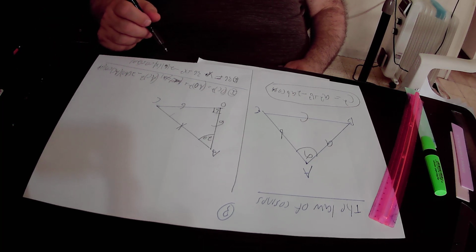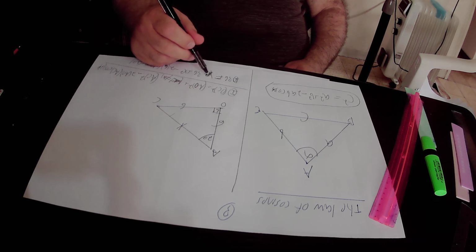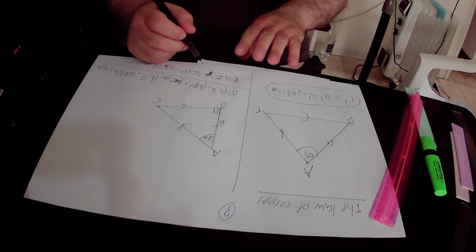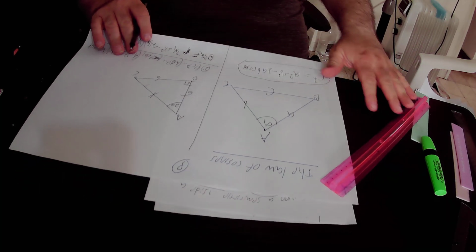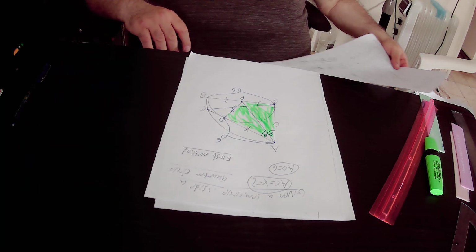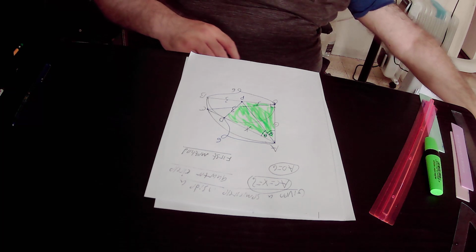here we have 36 on both sides of equation number 1, so 36 will get cancelled. And what is left from equation number 1 after we cancel 36?